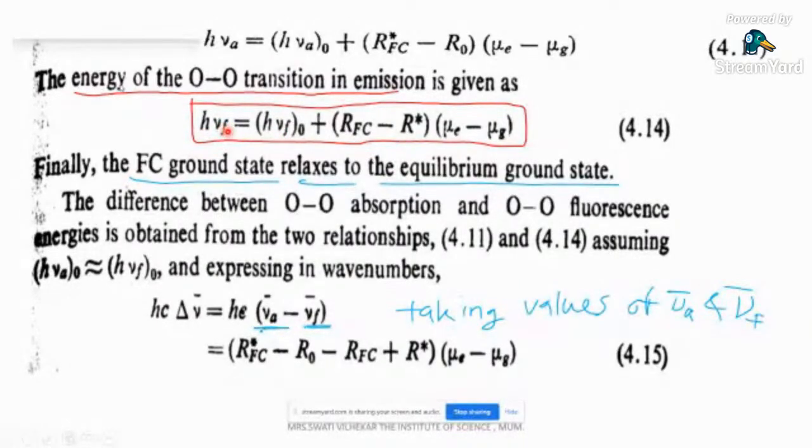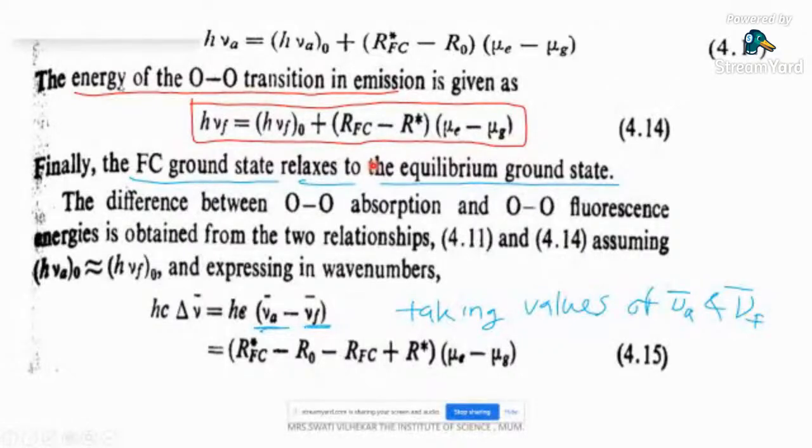So h nu f is equal to h nu f0 plus R FC minus R star, and this is mu e minus mu g. Finally, the Franck-Condon ground state relaxes to the equilibrium ground state.